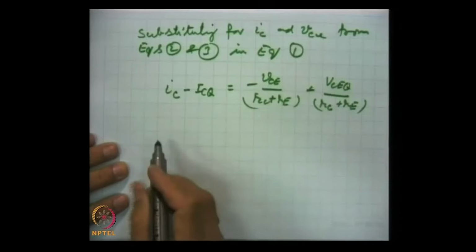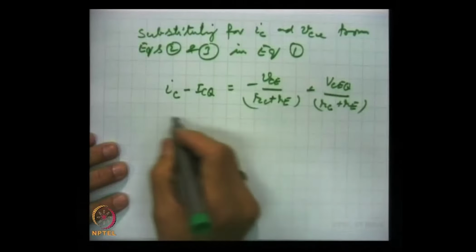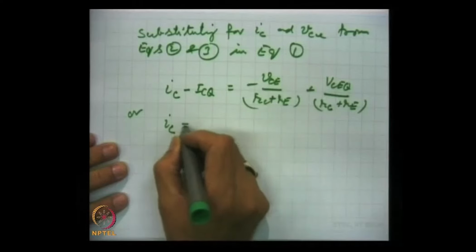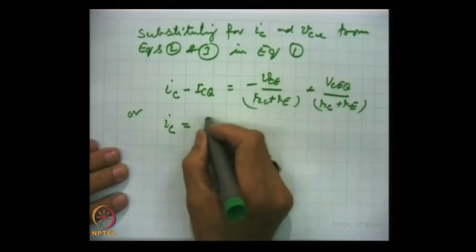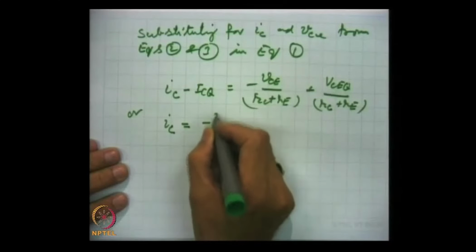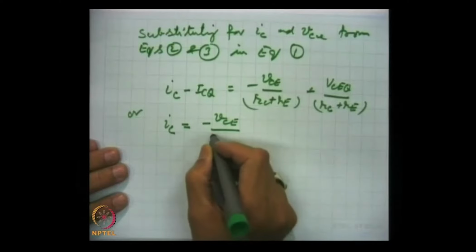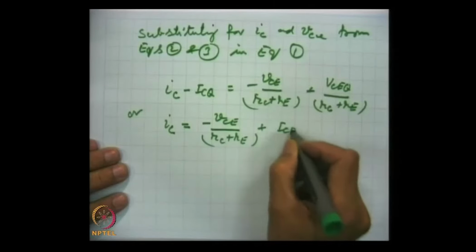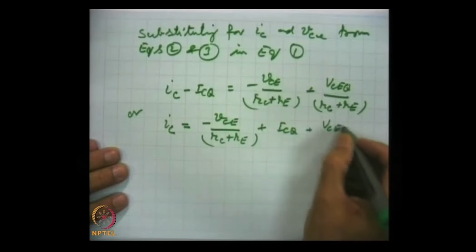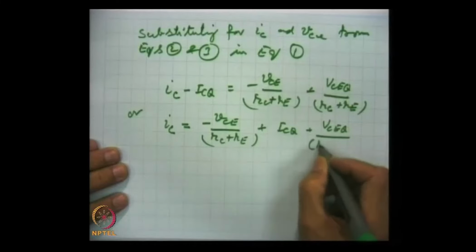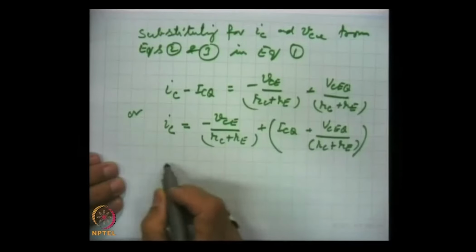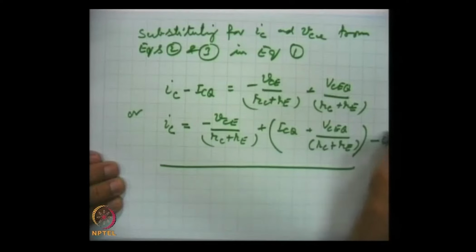From here we get IC, the total current, as VCE divided by RC plus RE, plus ICQ plus VCEQ divided by RC plus RE. This we call equation 4.